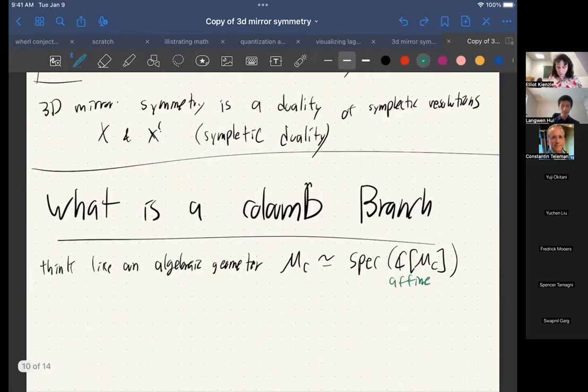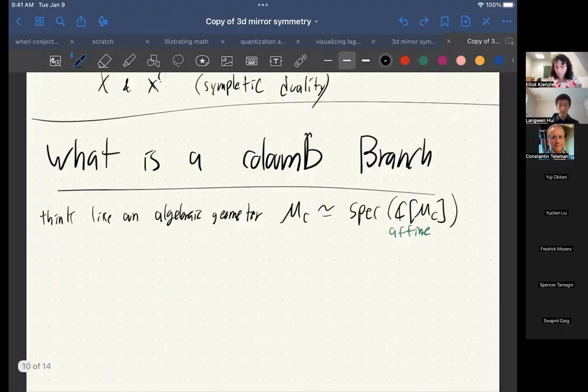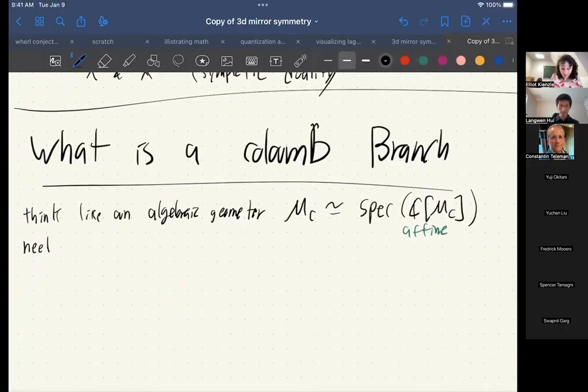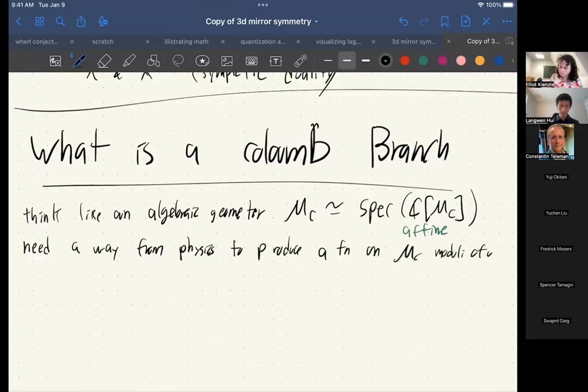So how do we access the space of functions? Well, what we need is a way, away from physics, to produce a function on the Coulomb branch moduli of vacua. So what does that mean?